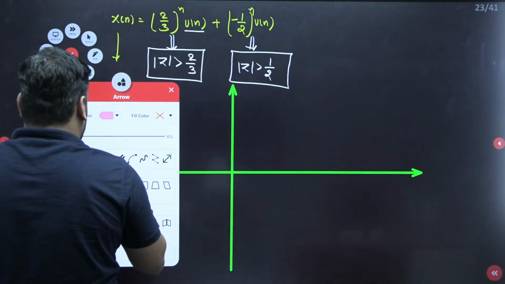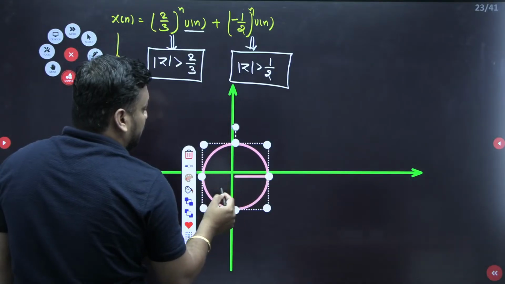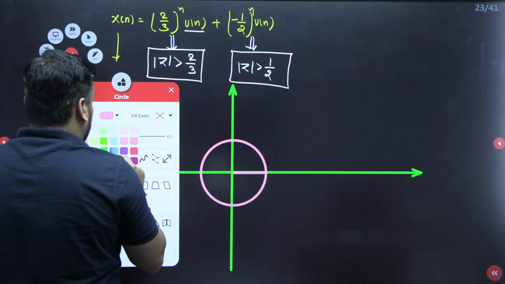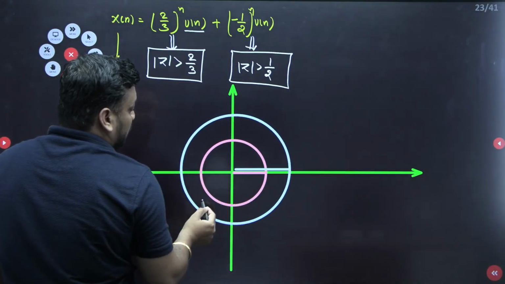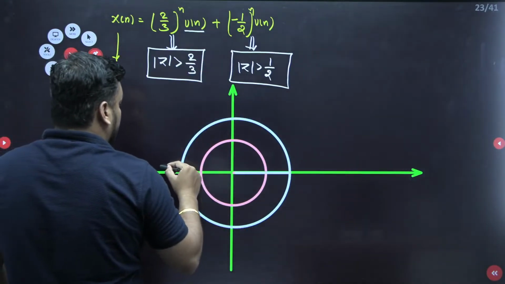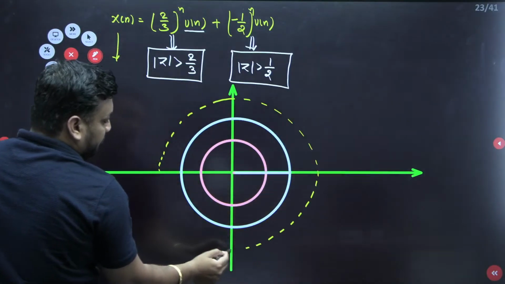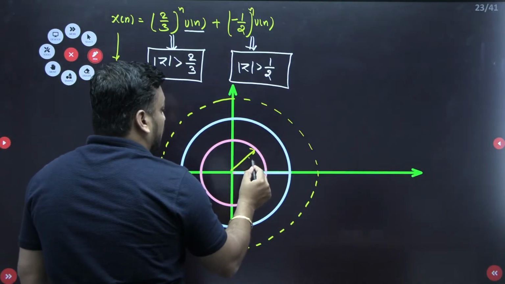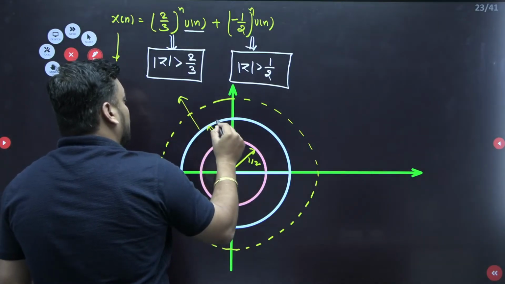One circle is half and one circle is 2/3. And of course, the unity circle is outside. So this is the radius of half. This is the radius of 2/3, and both the ROCs are outside it.